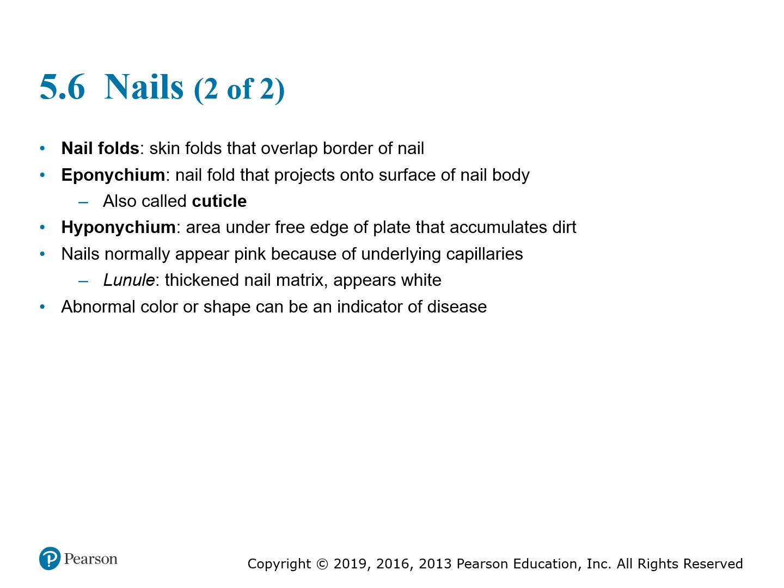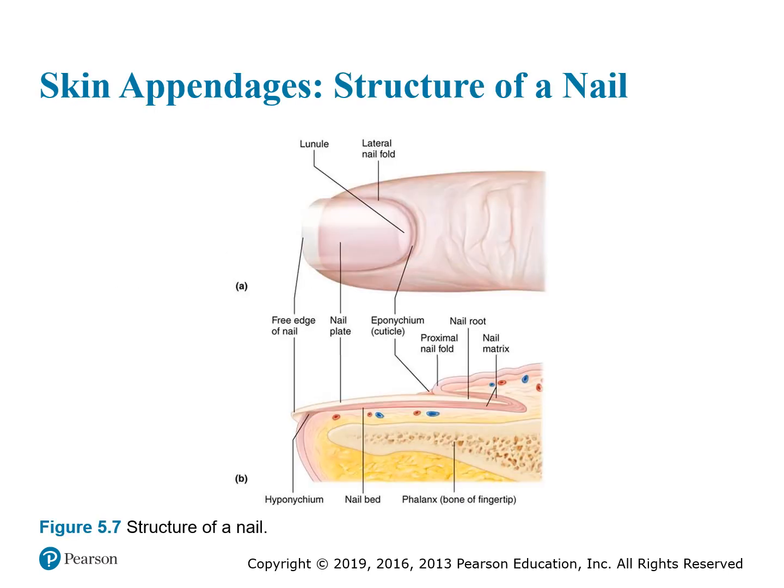Nails are actually indicative of general health, and so any kind of abnormal color or shape can be an indicator of disease. And so here we have the free edge, the lateral nail bed, that lunule, that half moon matrix area, the eponychium, which is the cuticle, the nail plate itself, etc.